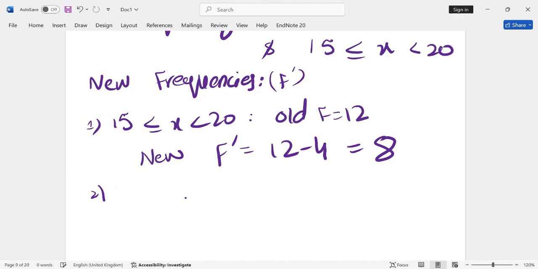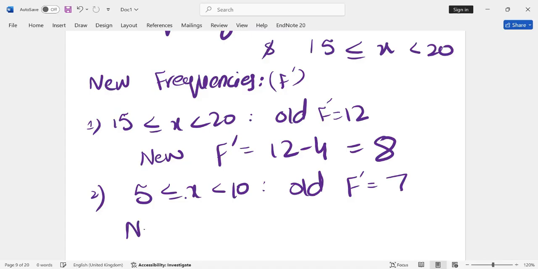Okay, the second thing we have 5 less than x less than 10. Okay, the old one we have 7, and the new one we have f prime equals to 7 plus 4, that is equals to 11.